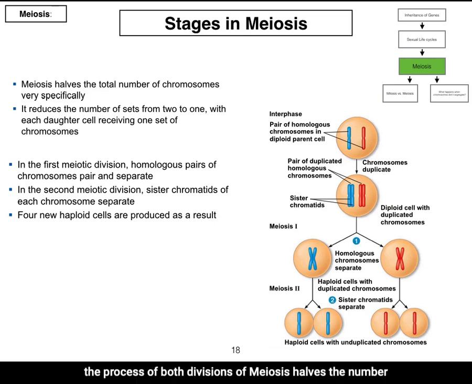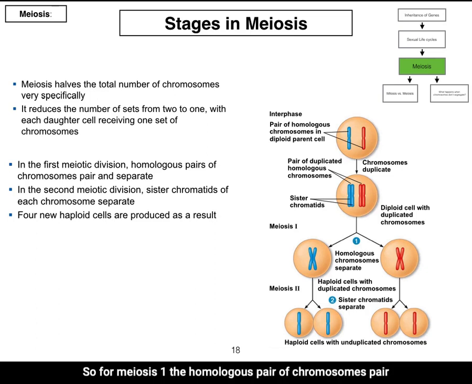The process of both divisions of meiosis halves the number of chromosomes to make the haploid gamete cells. Meiosis reduces the number of each set of chromosomes from 2 to 1. This is so when the egg and the sperm combine, there are chromosome pairs. Without this reduction from a diploid to a haploid, we would have too many chromosomes.